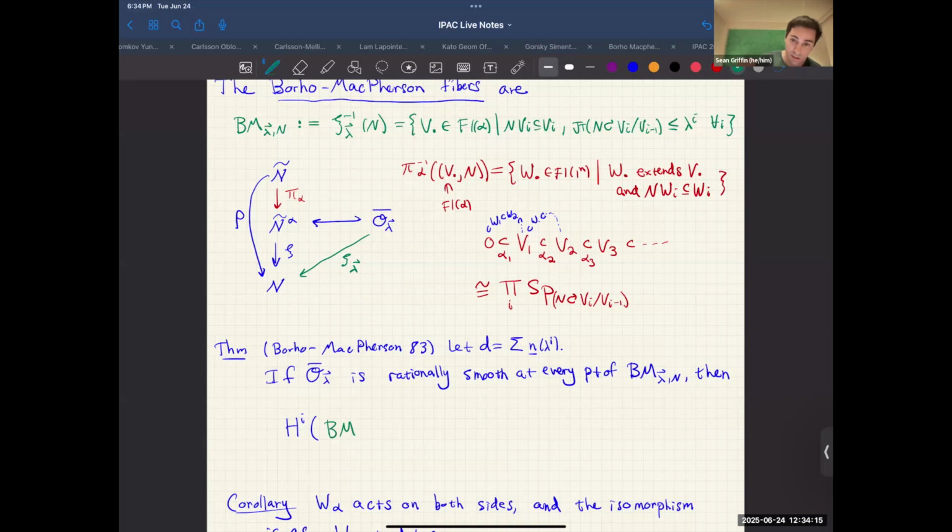On the one hand, we have the Borho-MacPherson variety coming from those fibers. On the other hand, we have a generic fiber here, or a fiber here over a generic point in the stratum.